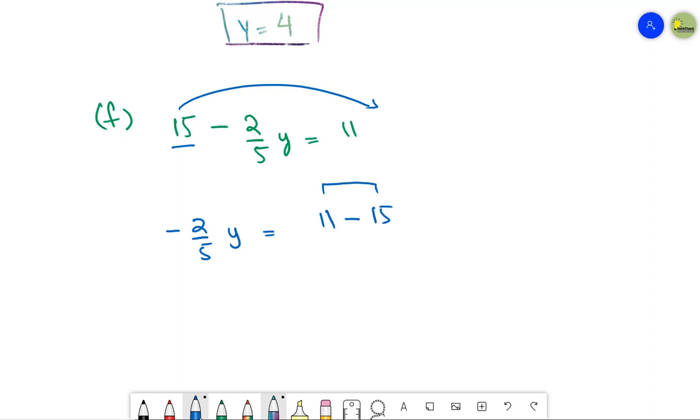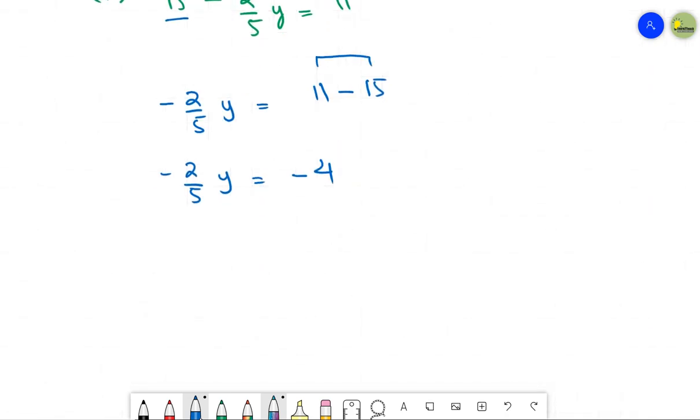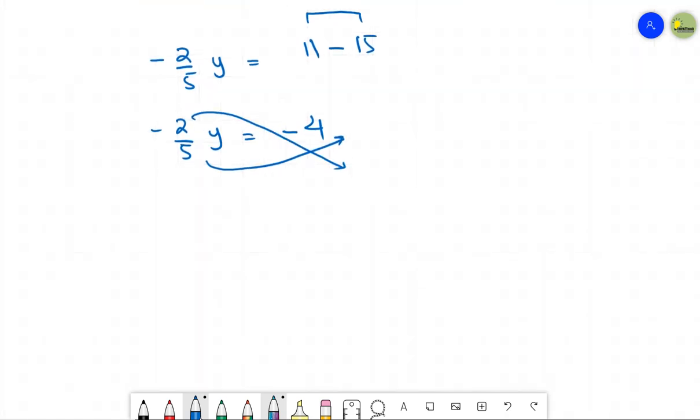Solve 11 minus 15 together, you will get minus 4. Now, minus 2 upon 5. 5 will be written in the numerator, minus 2 will be written in the denominator. So, it will be y equals to minus 4 multiplied by minus 5 upon 2.